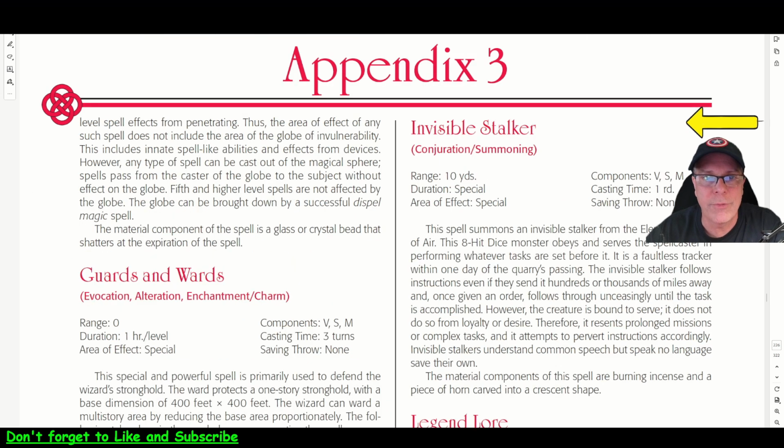Thus, the area of effect of any such spell does not include the area of the globe. Same thing as 1st edition, a little bit more of a description of the spell itself, and it can be brought down by Dispel Magic. That was not in the previous version.